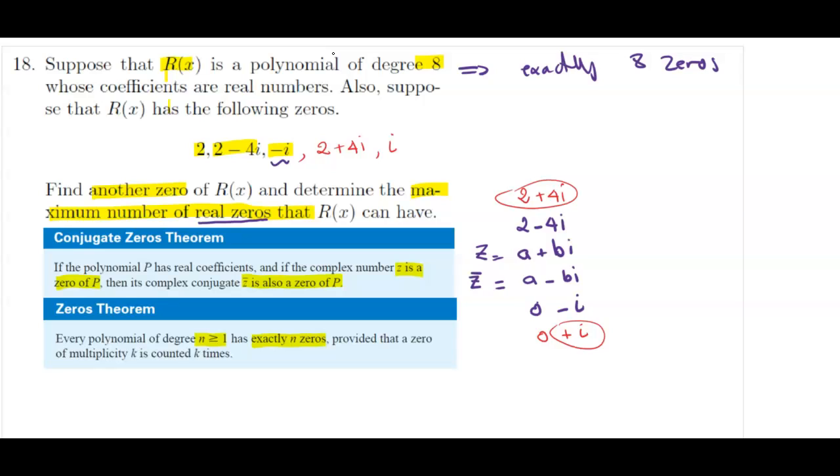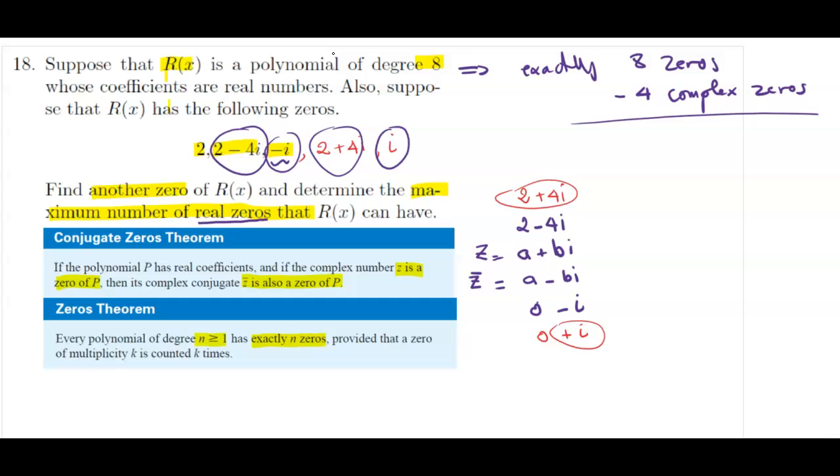From these 8 zeros, we have 1, 2, 3, 4 of them that are complex zeros. So we're going to take away 4 complex zeros. If we do the subtraction, the remaining ones give a maximum number of real zeros.